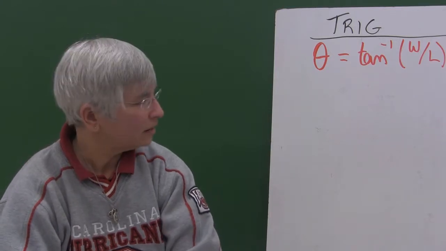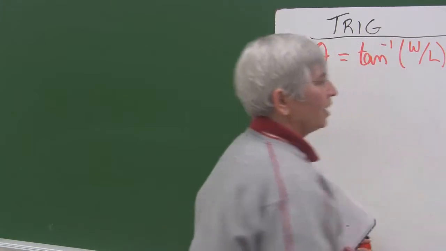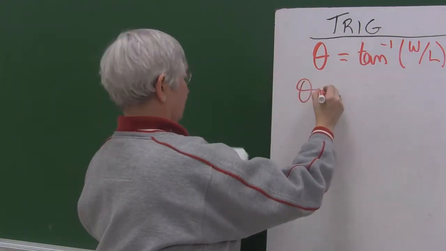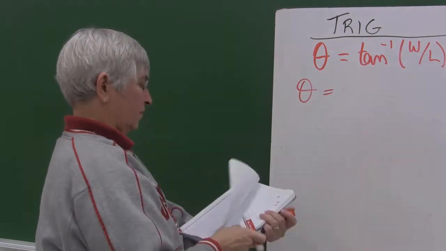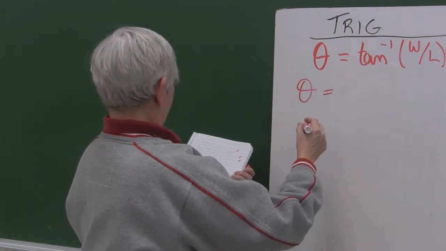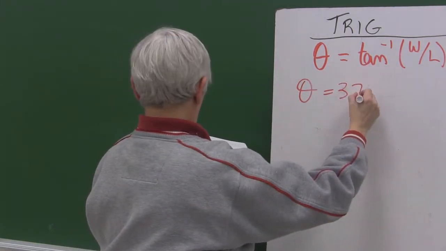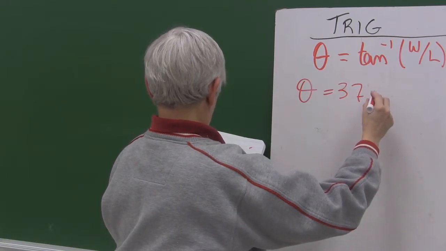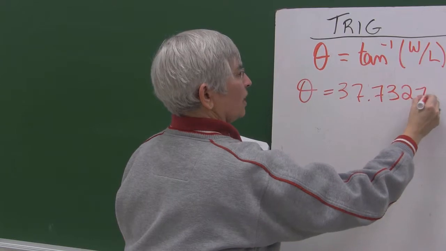So if I look at what theta would be by using 0.7738, and drum roll please, it's 37.7327 degrees.